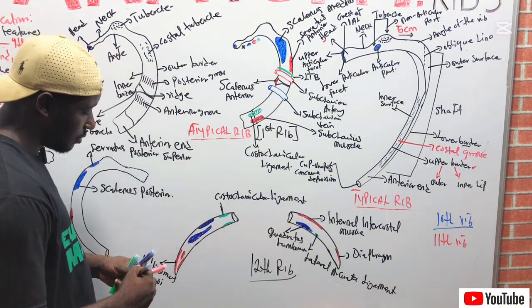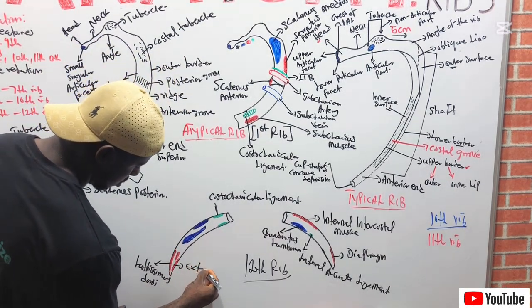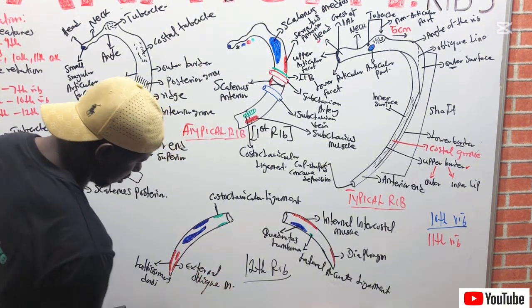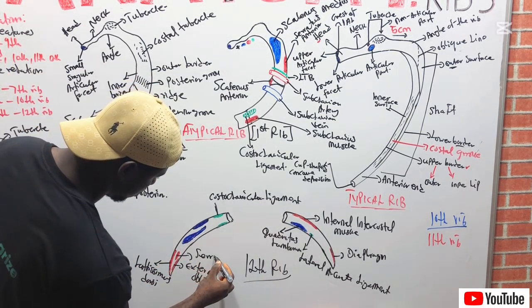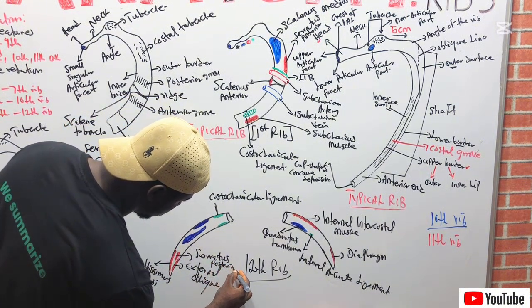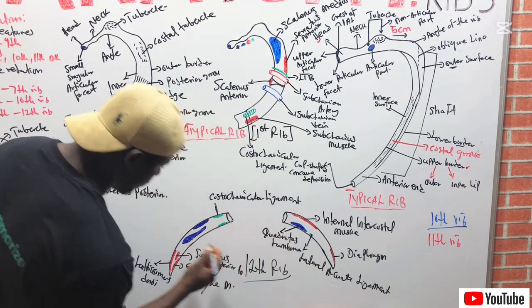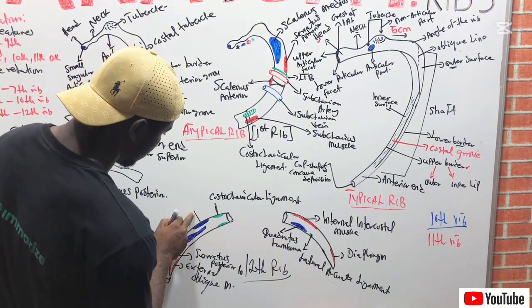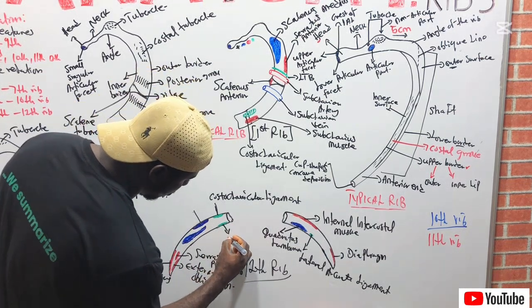Latissimus dorsi. External oblique muscle. Serratus posterior inferior. This I is for inferior, please. This is lumbocostal ligament.